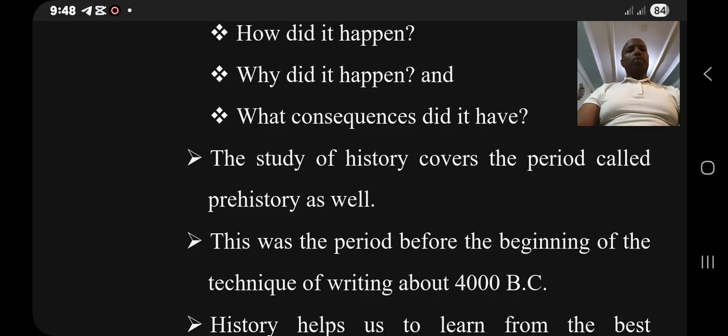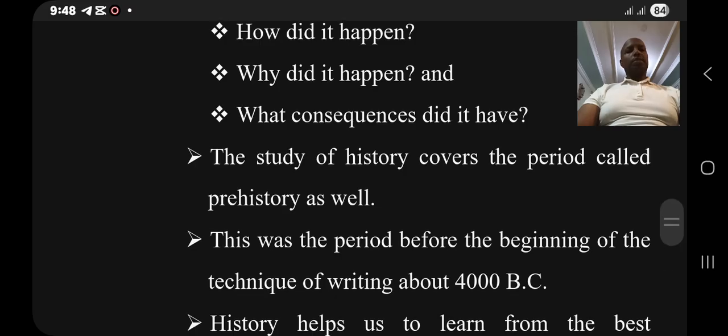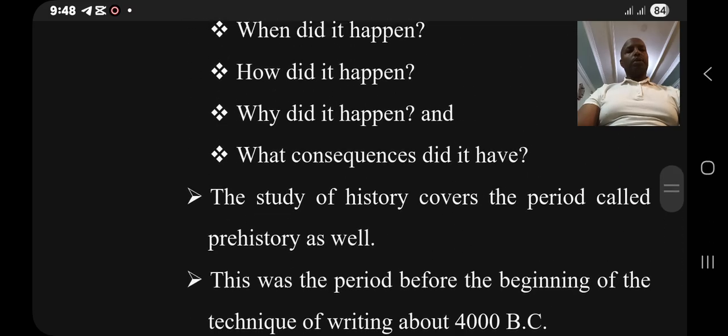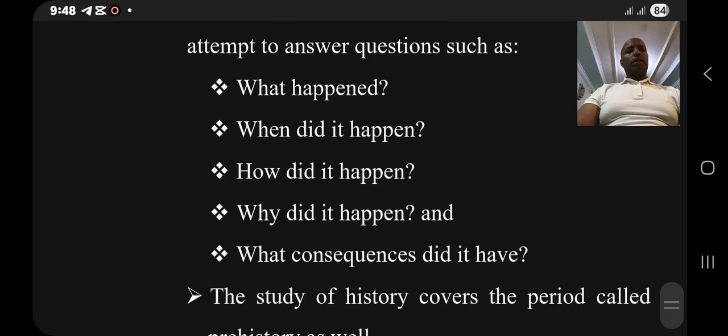Normally, when we categorize or differentiate history from prehistory, the prerequisite is the beginning of the art of writing. So prehistory is the distant past of history. It was before 4000 BC, that means before the beginning of the technique of writing.